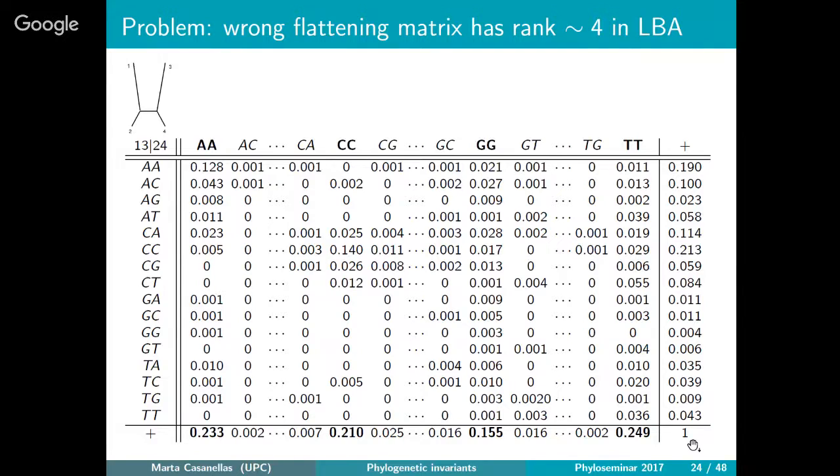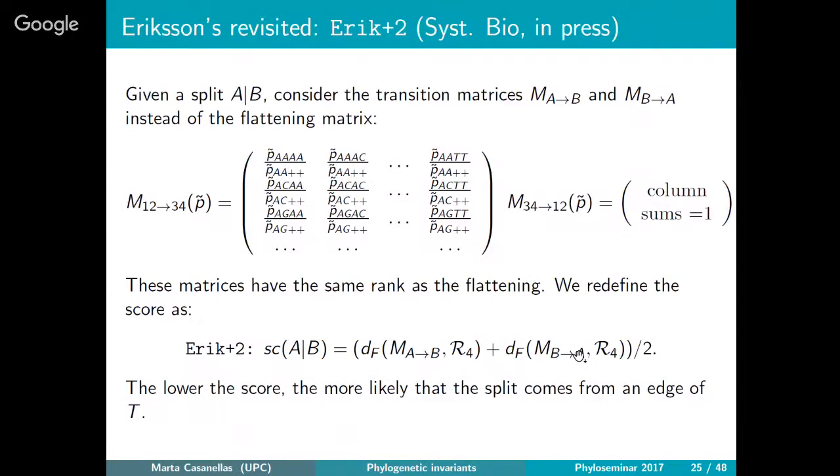You cannot evaluate the rank of a matrix, you cannot put a score on the rank of the matrix, if you don't scale the columns or the rows of the matrix to the same amount. Okay, so we modified this method just by dividing by the sum of the rows.